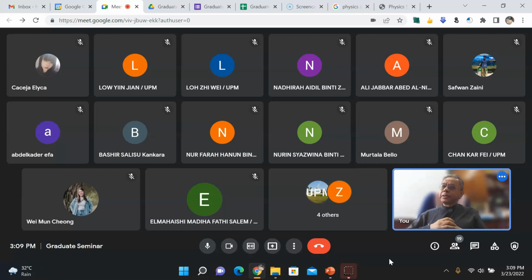I have one request now. Well, two requests. First request: I'm supposed to have your phone numbers from the forms that you filled, but if possible, I want to set up a WhatsApp group. So I want to have some representative to be the admin of the WhatsApp group.